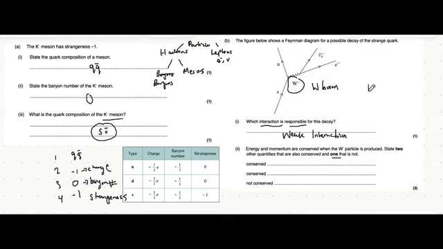The only quantity that's not always conserved in weak interactions is strangeness. It's actually always conserved in strong interactions, but not always in weak interactions. Sometimes it is, sometimes it isn't. So if this ever appears in an exam, you always want to mention strangeness as not conserved.